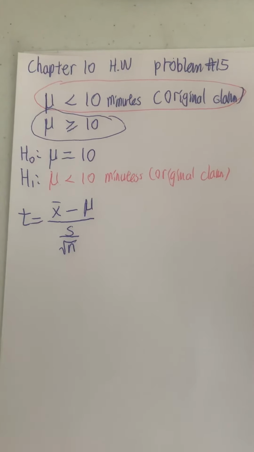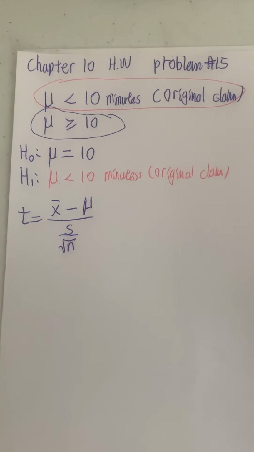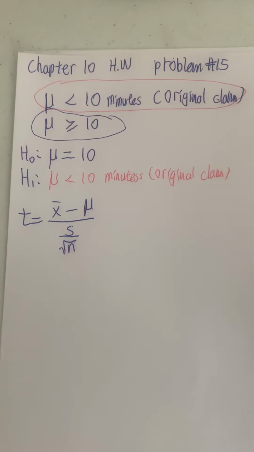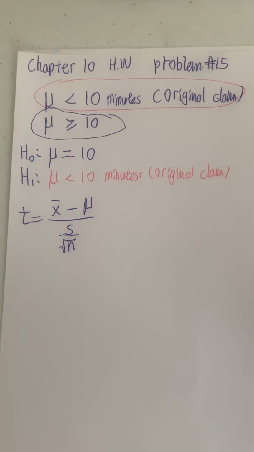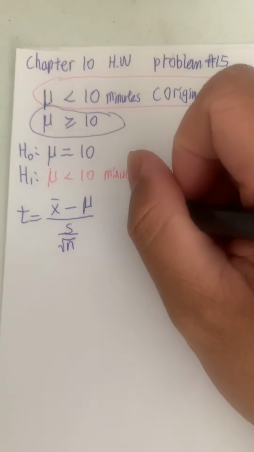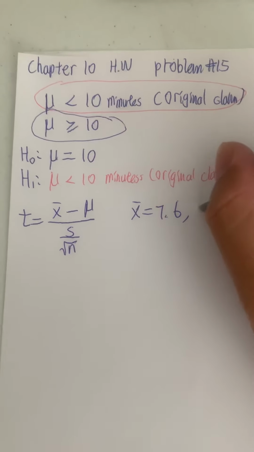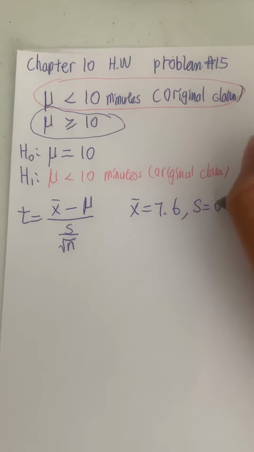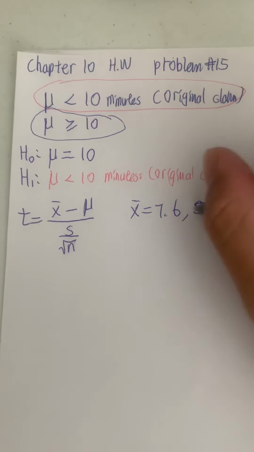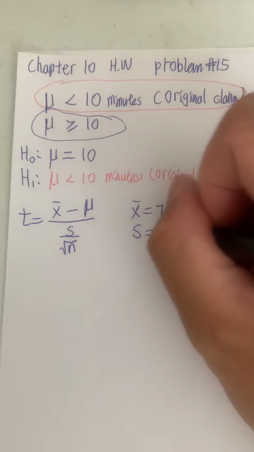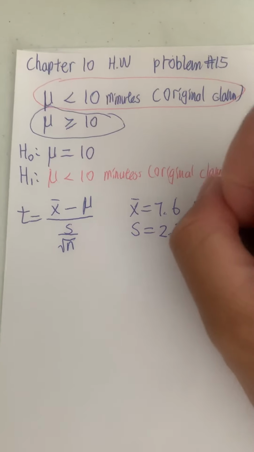So look at problem number 15. The mean waiting time was 7.6 minutes, so x bar is equal to 7.6. The sample standard deviation, s, is equal to 2.3.